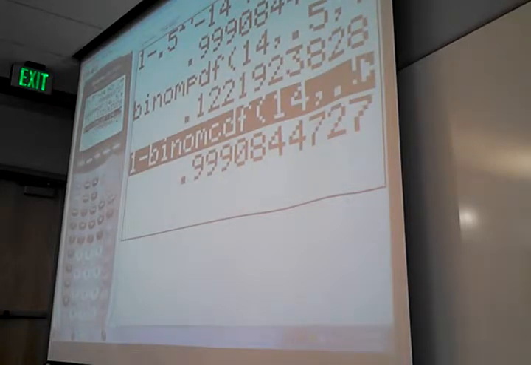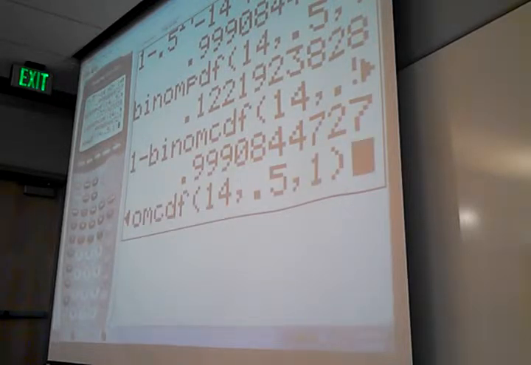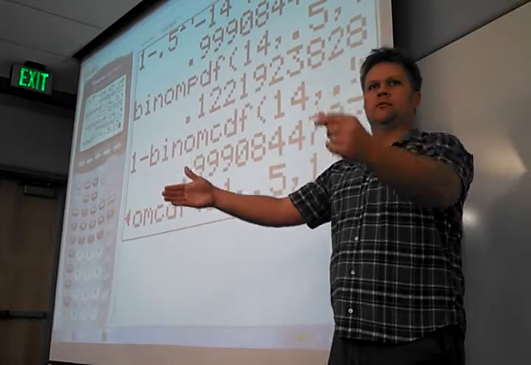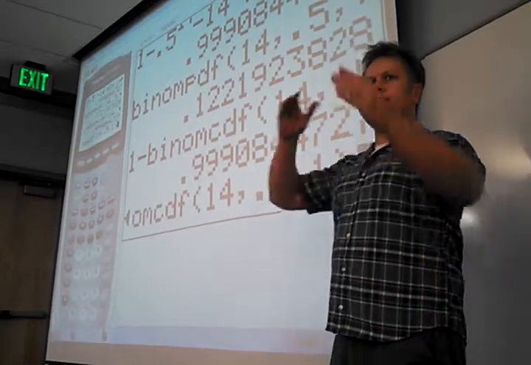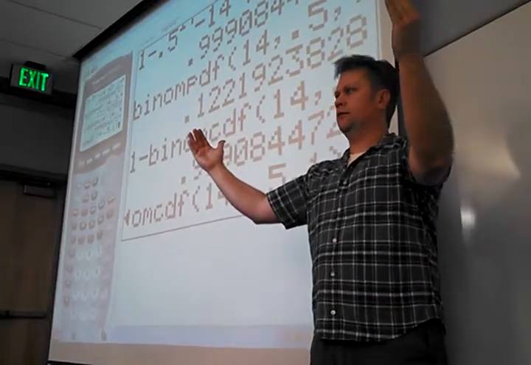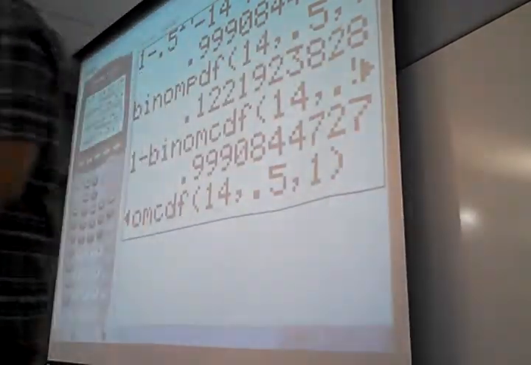If I'm using CDF and I put a 1 here, it's going to add 0 to 1. If I put an 11 there, it's going to add 0, 1, 2, 3, 4, up to 11. It's going to add those together for me. Mine came out different. I didn't do the 1 minus this one. Oh, okay, yeah. Now do 1 minus that. Cool.